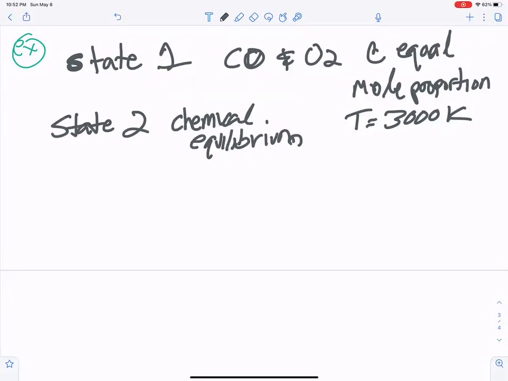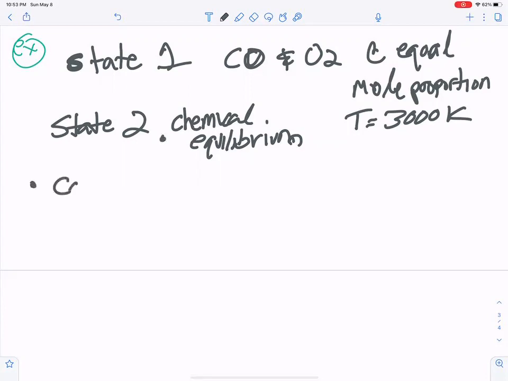But we're just going to focus on whenever you have CO and O2, and we're concerned about some equilibrium at high temperatures as combustion takes place, it's going to be a CO2, CO, O2 system. Okay, so that's state 2. And state 2 is a chemical equilibrium.